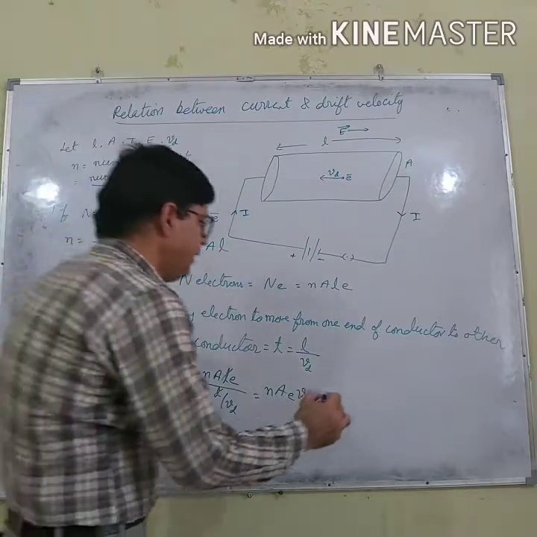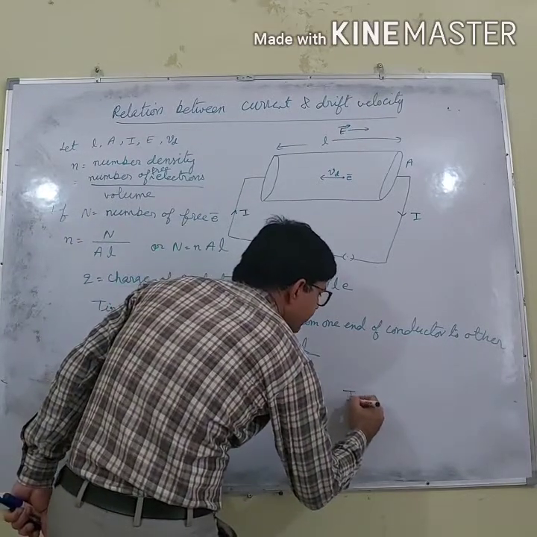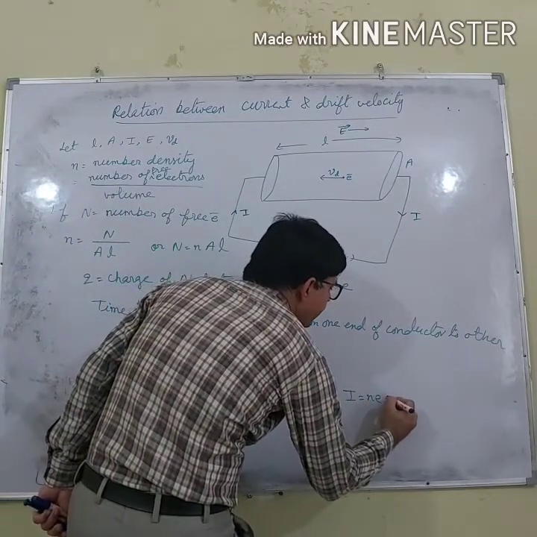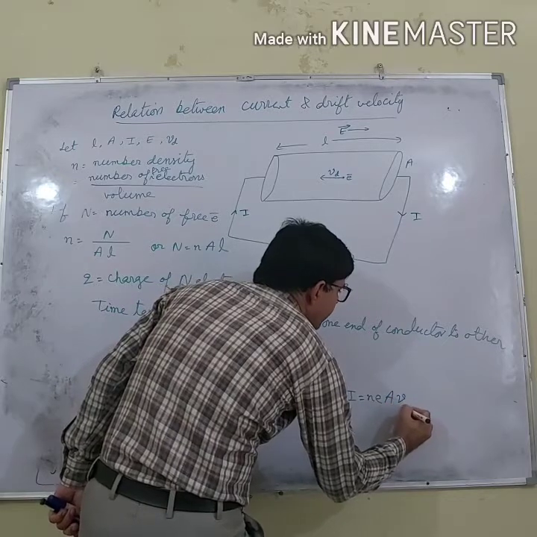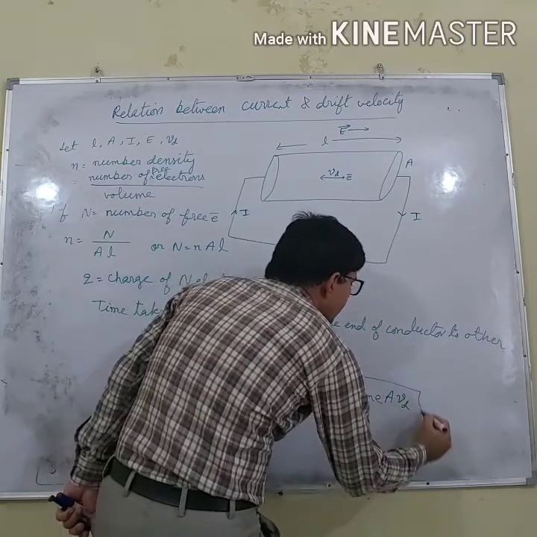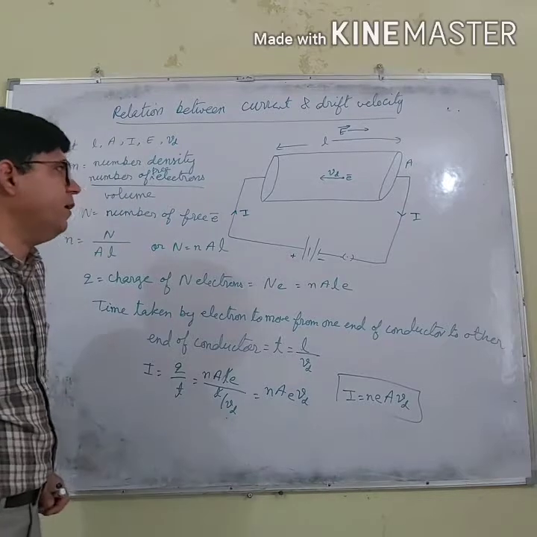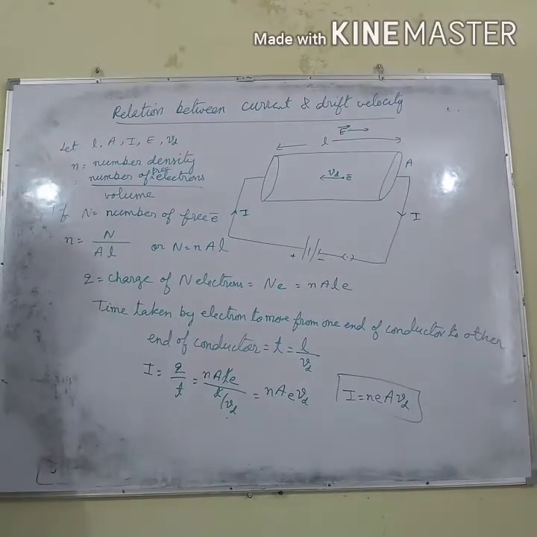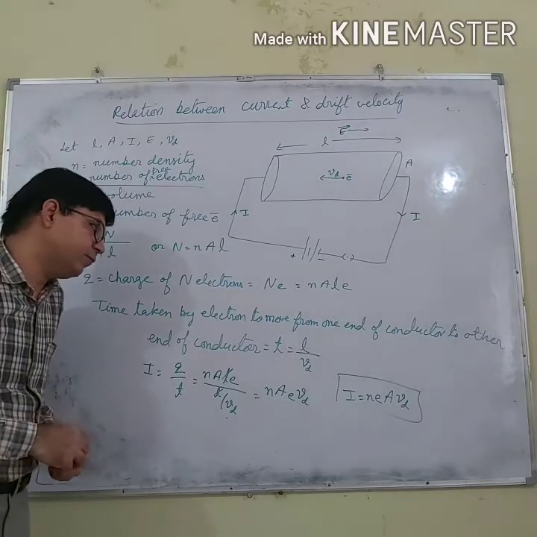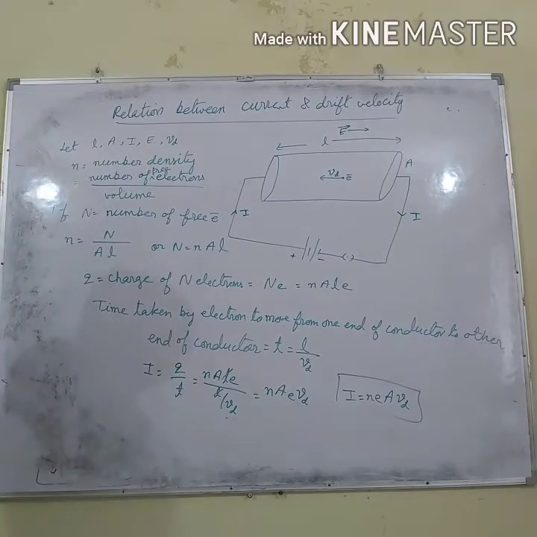So I can say the current equals n e A Vd. This is the current flowing through a conductor whose area of cross section is A and whose drift velocity is Vd. So this is the relation between current and drift velocity.